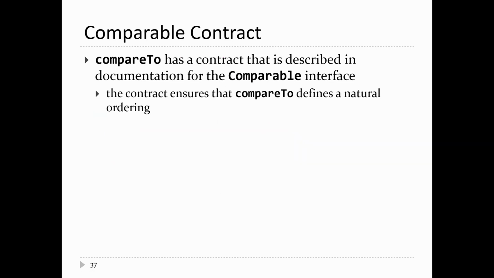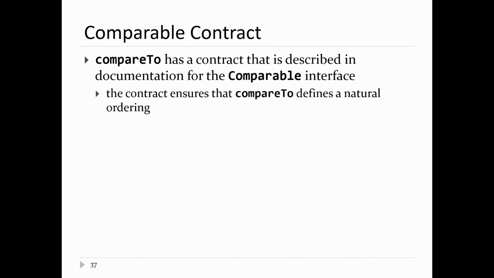Okay, so this is where we got to last class. We were about to talk about what the actual contract for compareTo actually reads. So if you read the contract for compareTo, just look up the documentation for the comparable interface. You'll see that the documentation is fairly mathematical.